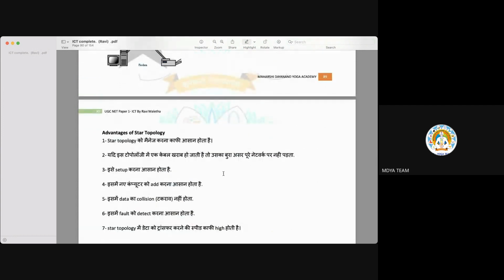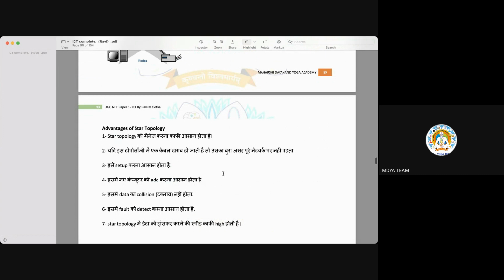Advantages are it is comparatively easier to maintain star topology. But if there is any problem in a single cable, it affects the whole network, and it is easier to set up. You can add more computers into it without affecting any data transfer or speed, because they are not directly connected, they are connected to a single hardware device.